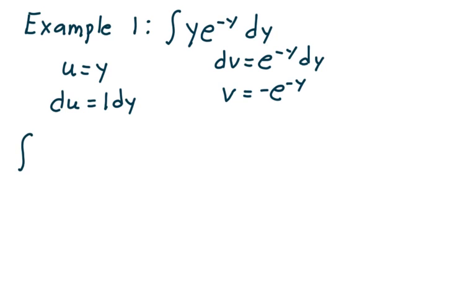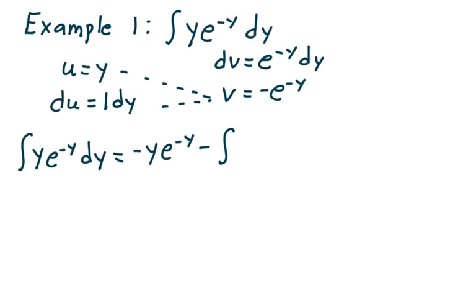And so if I take the integral of y e to the negative y dy, that's going to be uv, which is negative y e to the negative y, minus the integral of v du, which is negative e to the negative y dy.